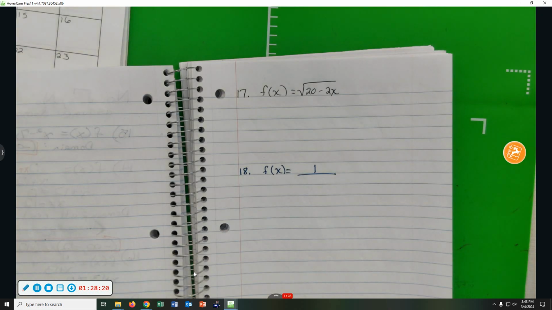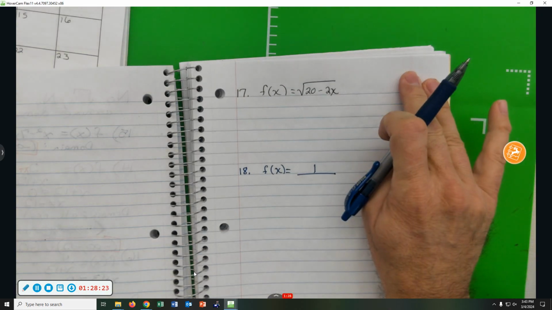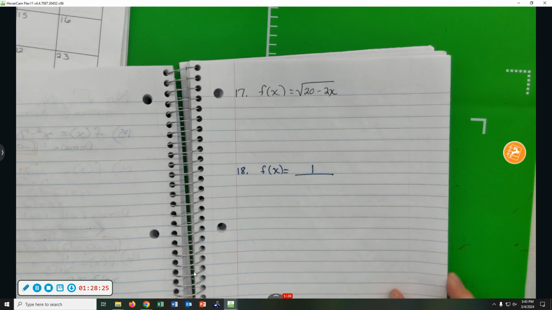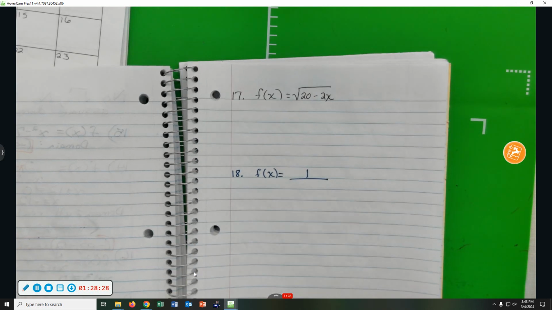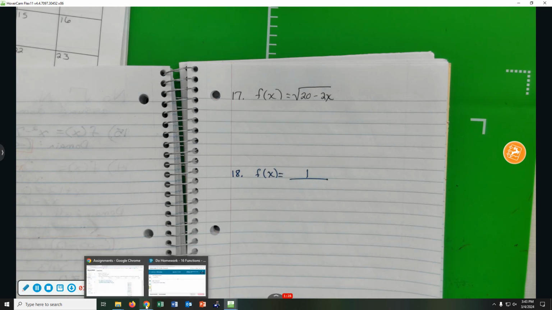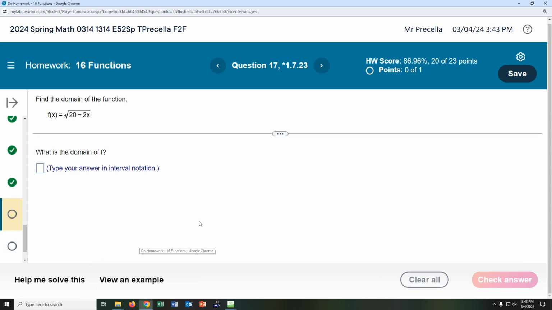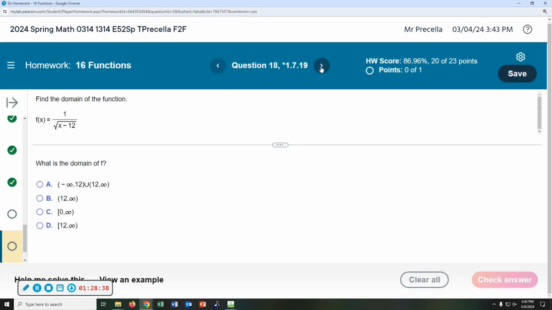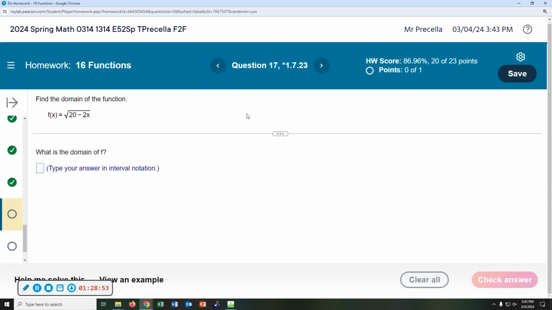I should have drawn a line and put 18 over here so y'all can see the difference. What was number 18? 1 over the square root of x minus 12. So 18 has the square root in the bottom of a fraction. 17, no fraction at all.